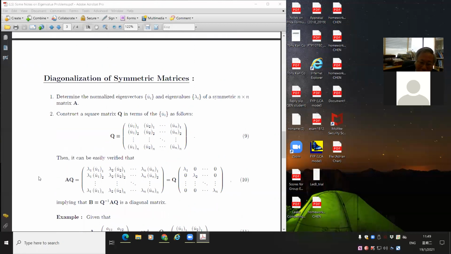We will see the applications of the diagonalization of symmetric matrix later, in a given example that I will discuss later. Now, if we are given a symmetric matrix A, I want to make it diagonal. In other words, we want to transform this matrix into a diagonal matrix with the diagonal elements being non-vanishing. All the other elements are 0.